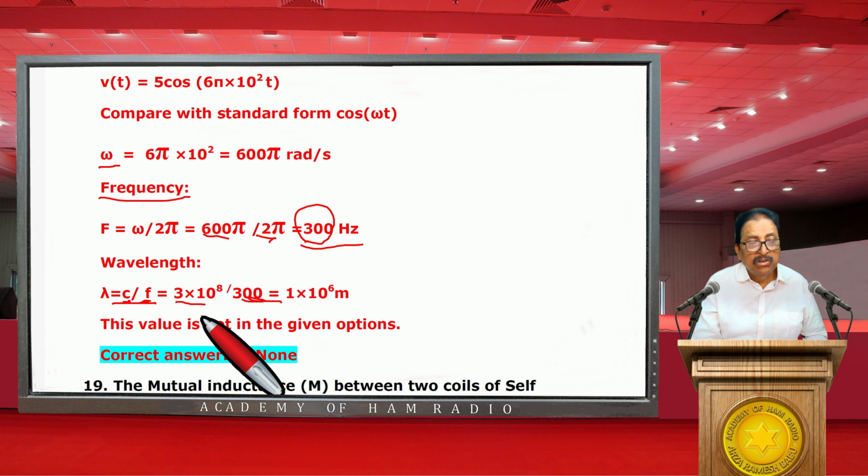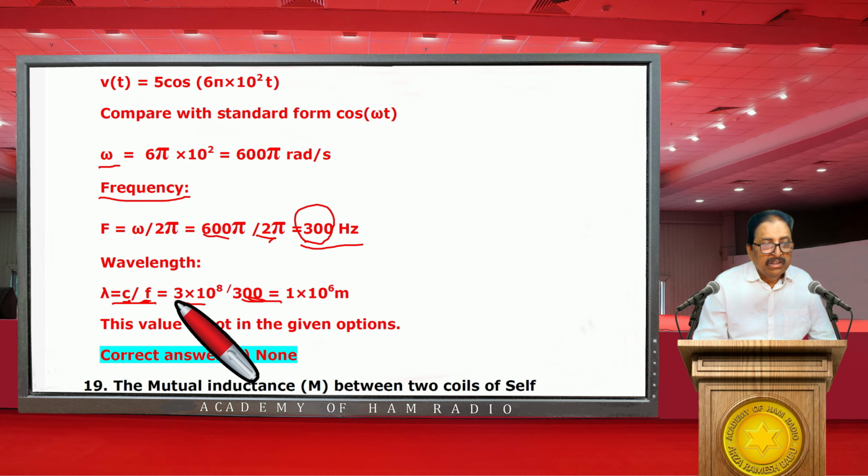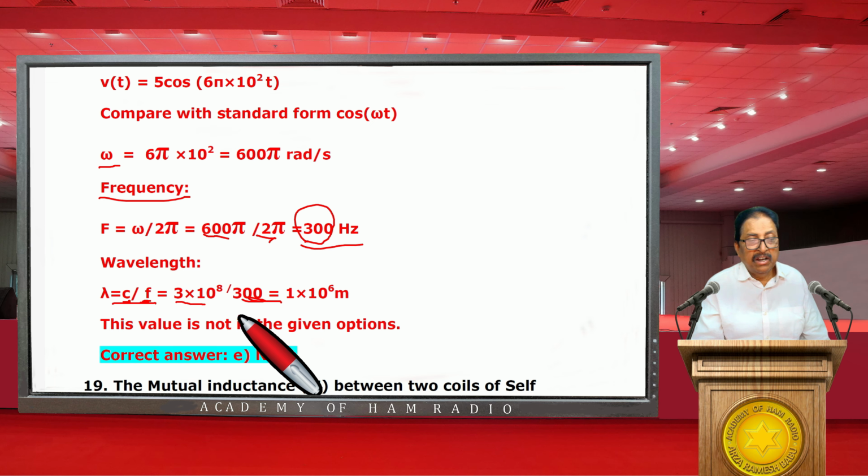Lambda is equal to C by F, which is 3 into 10 to the power 8 by 300.